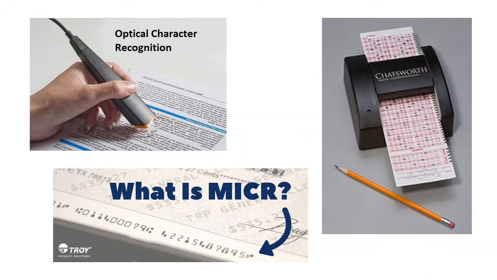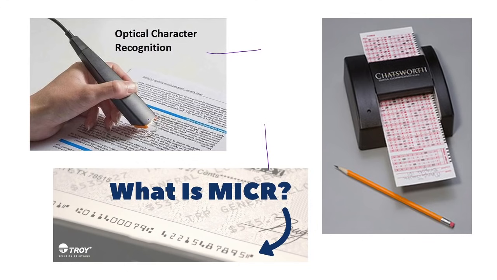The images here are just examples, so that you can at least picture the technologies mentioned a while ago. This is optical character recognition, using a pen with software installed on the computer. Optical character recognition means handwritten text is simply passed over with the pen and then recognized. Then we have MICR, which is magnetic identification character recognition.